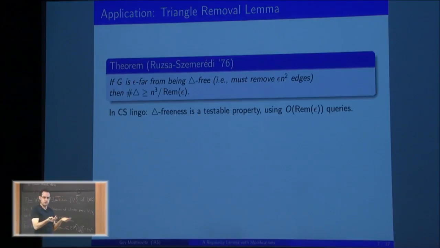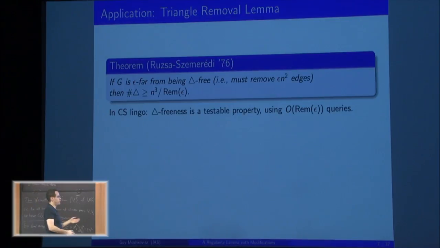You are given query access to the graph. Okay, you can query pairs of vertices and ask, is there an edge between those pairs of vertices or not? And the question is, given such a graph, query access to this graph, can you decide whether the graph satisfies this property of being triangle-free or far from it?